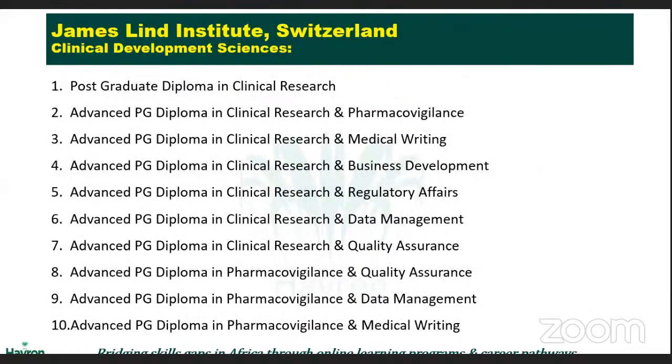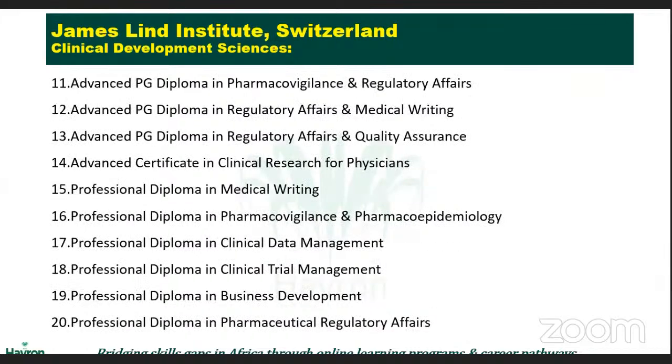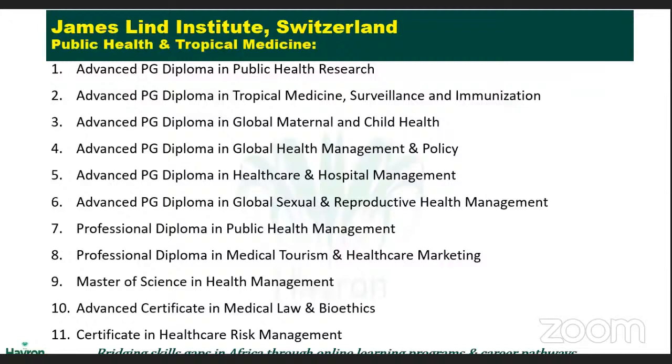So also we have some other very interesting courses from James Lind Institute, Switzerland. We have sub-departments like clinical development sciences. These are their various courses that are available. Again, these courses come at a partial scholarship through Havron. This is also a continuation of the courses under clinical development sciences.